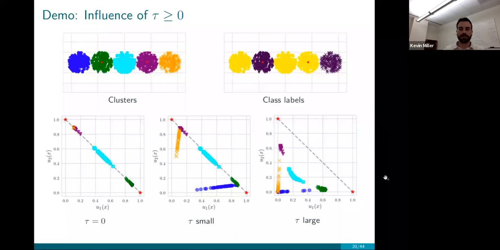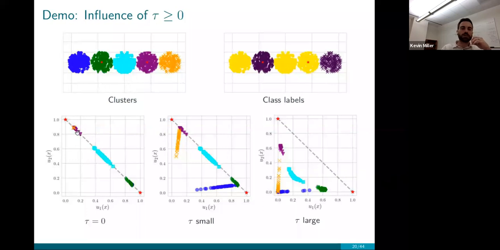So the idea is then here on the bottom, I'm plotting the node functions of this Poisson reweighted Laplace learning for different values of tau, where the x-axis is the first entry u1 at each x, and the y-axis is u2. So for tau equals 0, I have that all of the outputs actually lie along the simplex here.